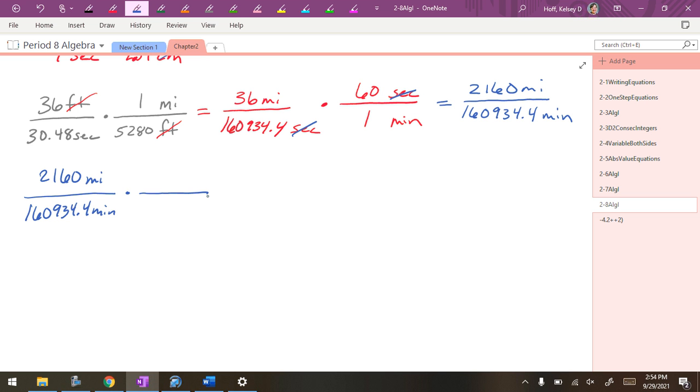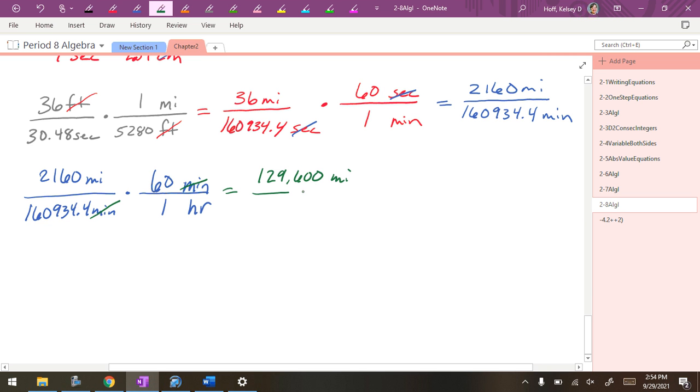Minutes has got to cancel, so it's going top. What's my connection between minutes and hours? 60 minutes in 1 hour. Minutes cancels minutes. When I multiply, I get miles over 160,934.4 hours.